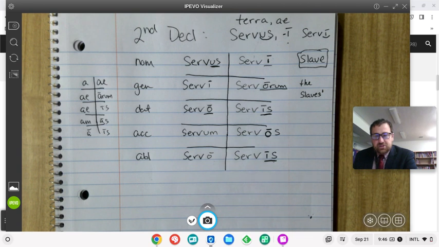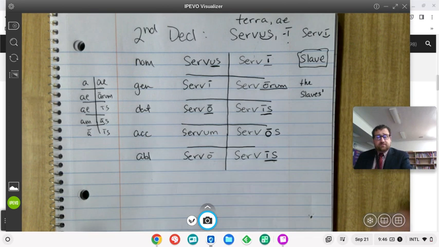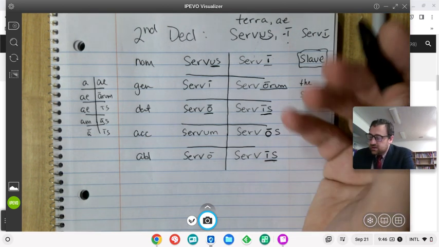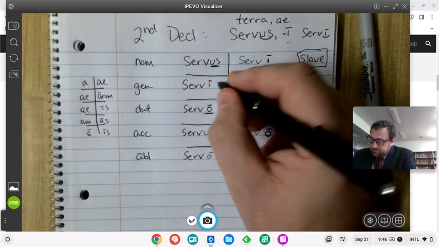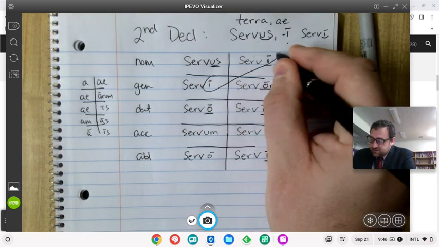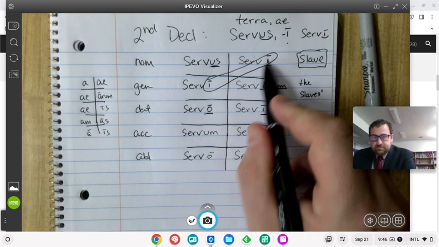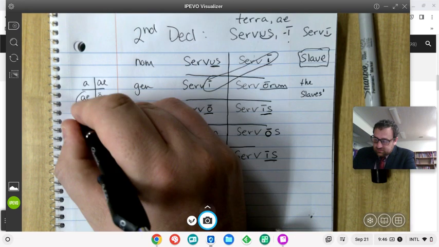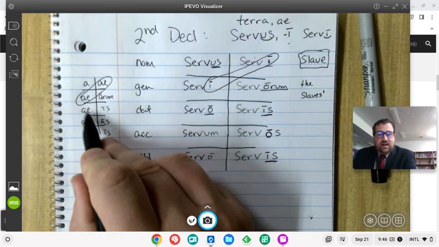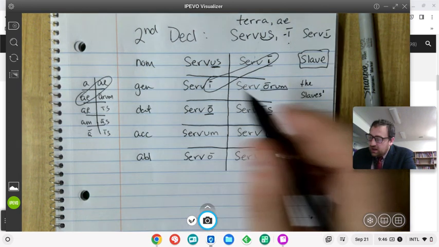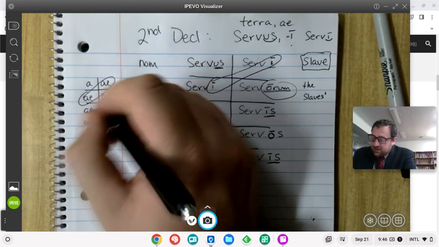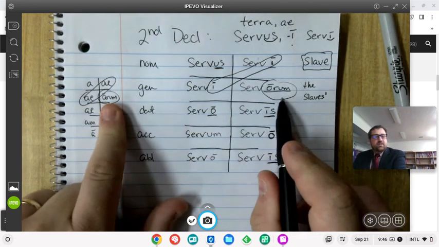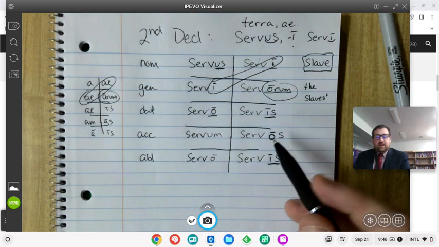Right, if you're hearing me talk now, hopefully you've had a chance to do that. These are some of the patterns that I see. So first one, the genitive singular and the nominative plural are the same ending. They're both I's. Now there's also another I down here. I see aurum and arum are very similar, and they're in the same spot.